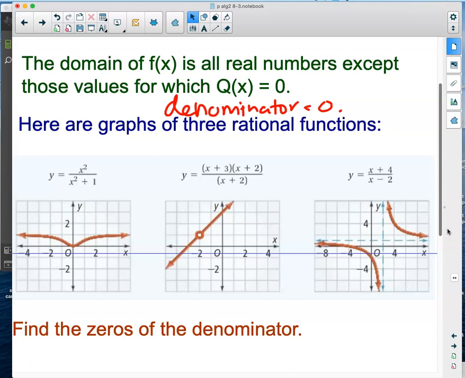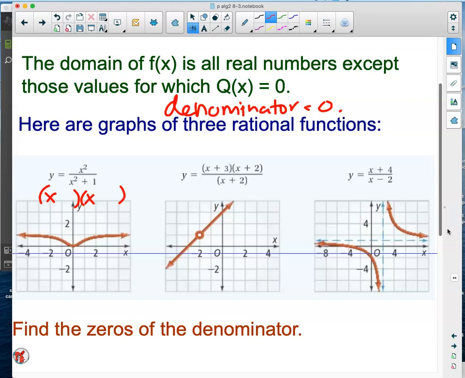So why did this happen the way that it happened? Well, if we look at this first one, we see this isn't an x to the first over an x to the first anymore. So there's more going on because they raised the power here, and it's x squared over x squared plus 1. And I think, okay, to get asymptotes, we have to see where the denominator is 0. So x squared plus 1, let's see.